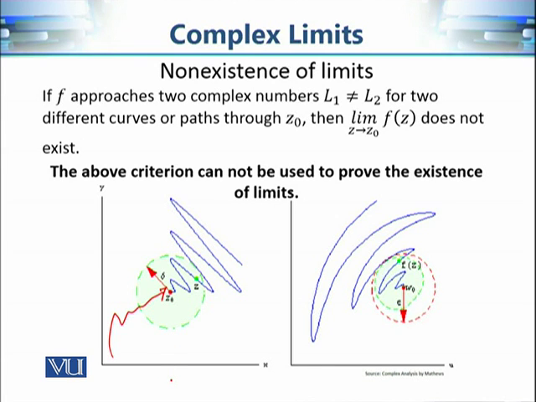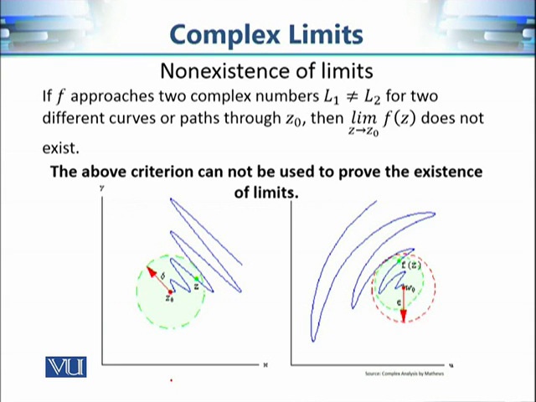If you want to use this criterion, then you should be able to prove that along each and every path approaching z0, the functional values are approaching this number L. And if you can do that for those uncountably many paths, then the limit exists. And of course, this is a very impractical situation.